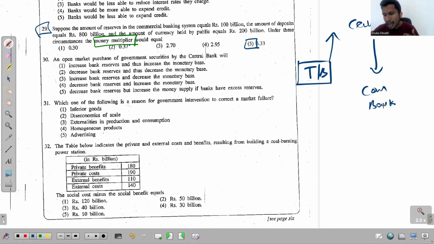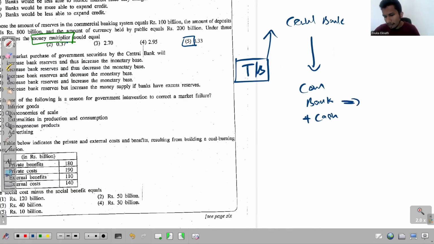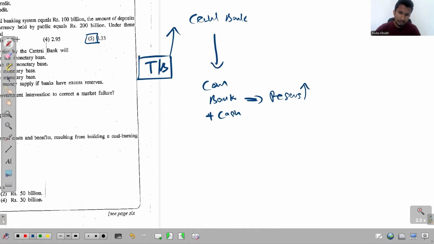So their cash balances get increased. They receive cash, so their reserves will increase.